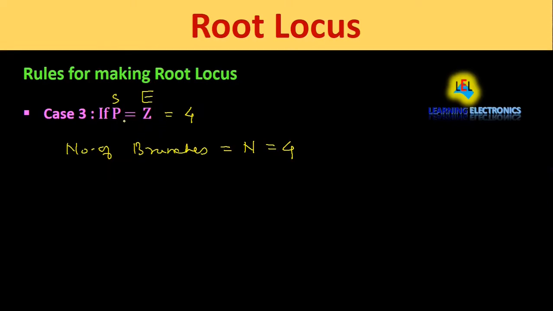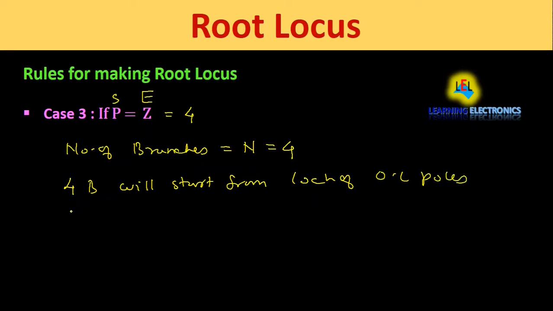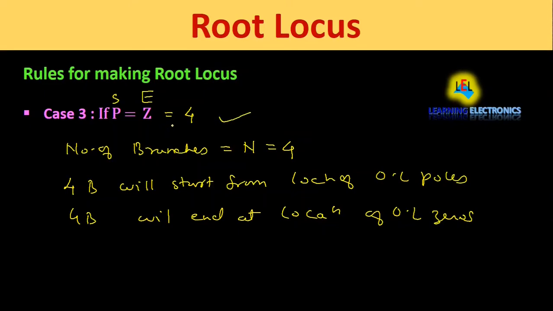Since both the number of poles and the number of zeros are equal, 4 branches will start from the location of open loop poles and 4 branches will end at the location of open loop zeros. So this is the case when p is equal to z is given. In this case, no branch will start or terminate at infinity.